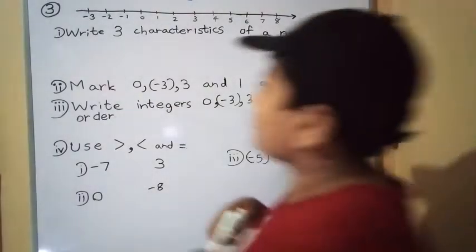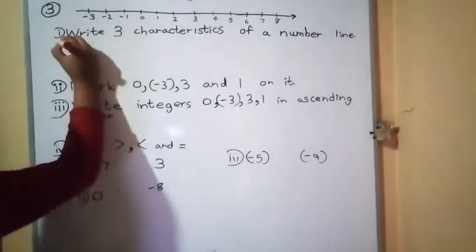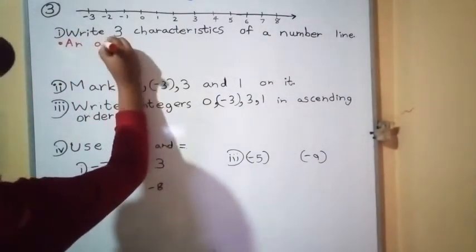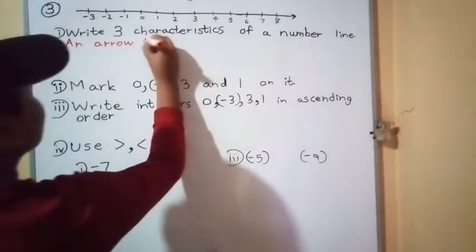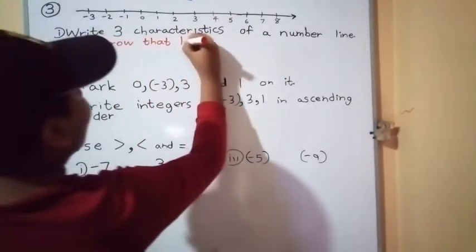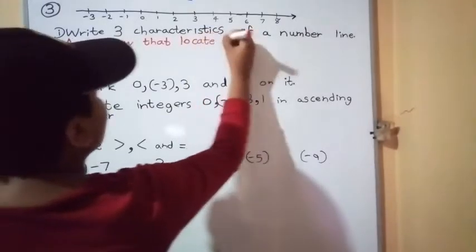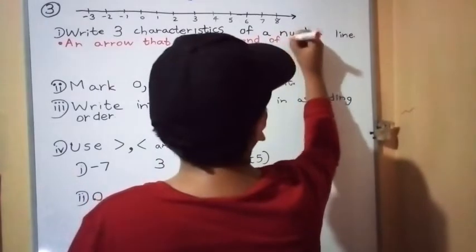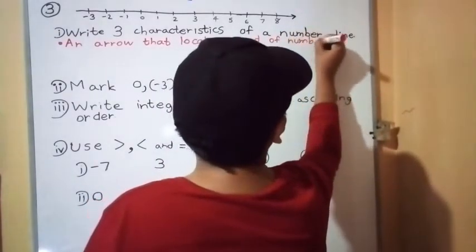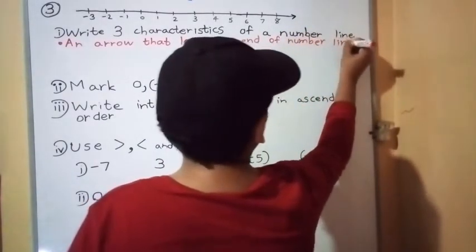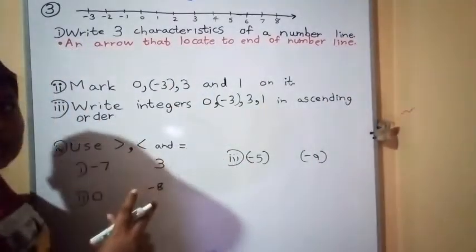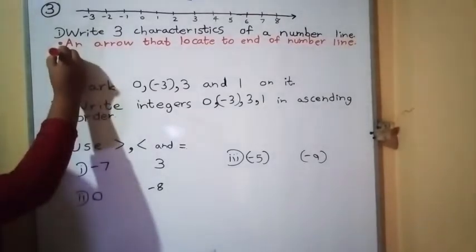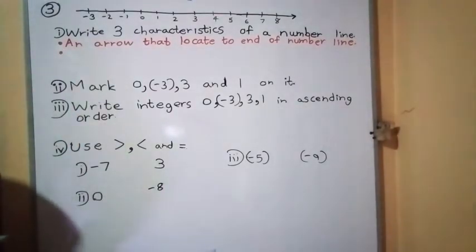What are the characteristics? You can write an arrow that locates to the end of the number line. An arrow that locates to the end of the number line. You want to write 3 characteristics.